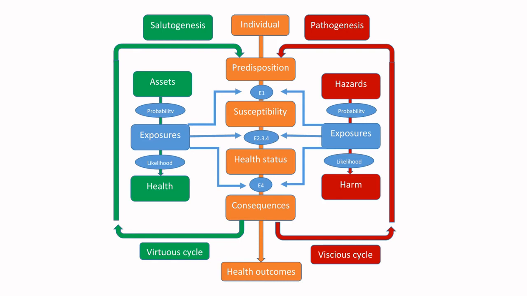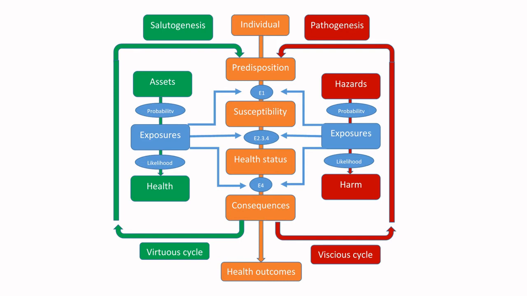It starts with biological potential and, depending on exposure to health factors, may become either susceptible or resilient to the effects of further health factors which may result in an altered health status, either for the better or for the worse. Further interaction with health factors then decides ultimately whether there are positive or negative health outcomes.